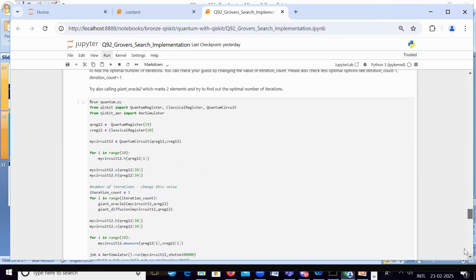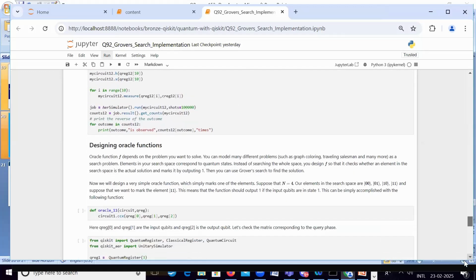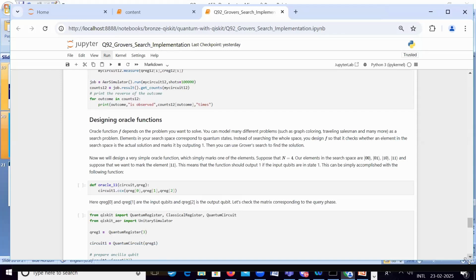Now coming to the next, task 7 is done. Next is designing the Oracle function. Oracle functions, depending upon the problem statement to solve, we can model in many different ways.